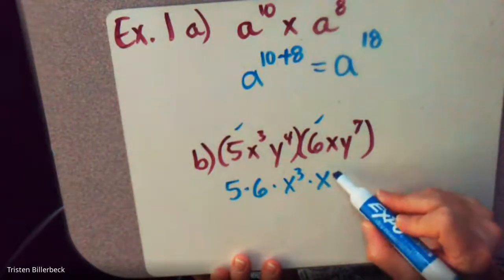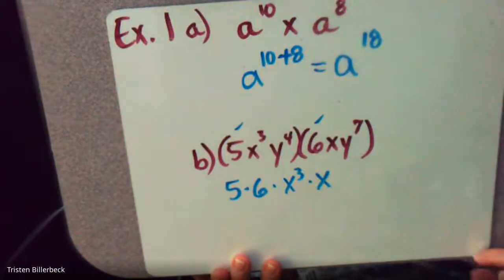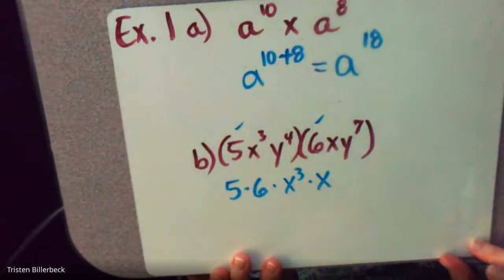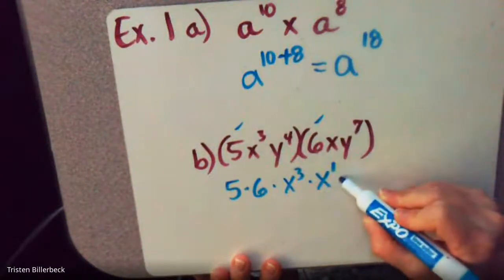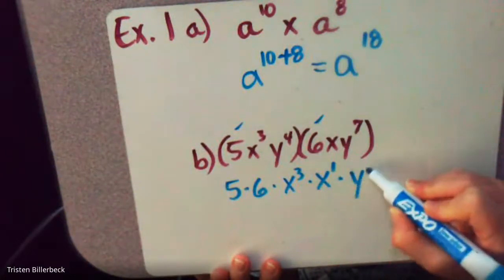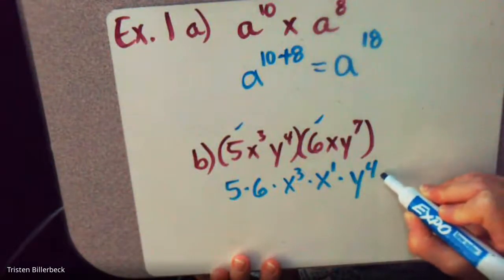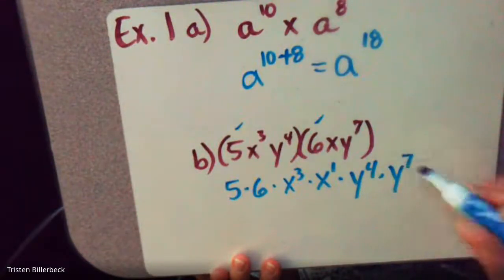Ooh, what exponent does this have when there isn't one written? It's a 1. Okay, so then we have y to the 4th times y to the 7th.